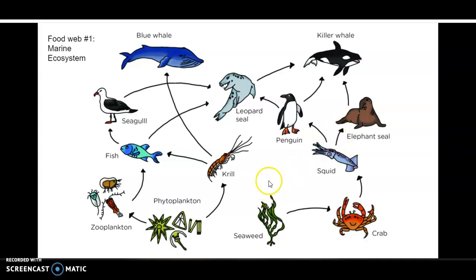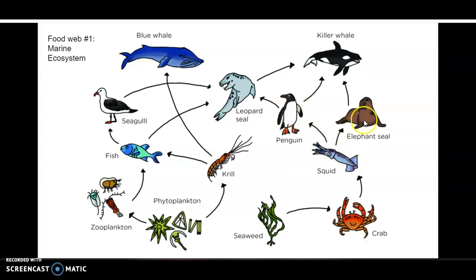So the other thing we can look at is if something were to happen to an organism in the ecosystem, it could have an impact on everything else in the ecosystem. So let's say the seaweed, there's some kind of pollution in the area and it kills off all of the seaweed. Because the seaweed all dies, and that's the crab's only food source, now all the crab will die. And because the crab is the only food source for the squid, all of the squid are eventually going to die.